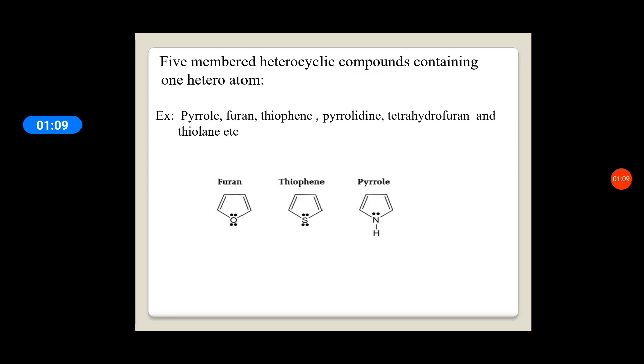Here we are going to study about synthesis of five-membered heterocyclic compounds, for example, pyrrole, furan, thiophene, pyrrolidine, tetrahydrofuran and thiolane. Among that, in this chapter, we are going to study about furan, thiophene and pyrrole synthesis.